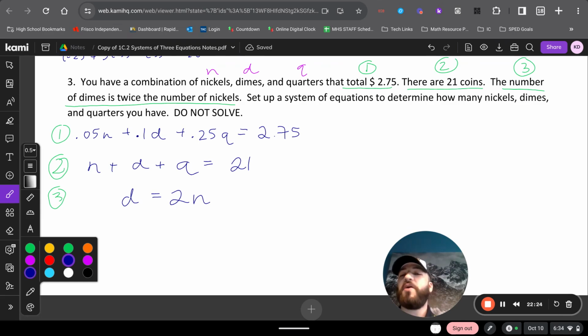Okay. Now, of course, if I wanted to, I could solve this one out. I might want to manipulate and work that third equation so I get dimes and nickels on the same side. So I could actually do my 3x3 steps, but we don't have to solve this one. We are just trying to write that equation. And that's really all there is to it.